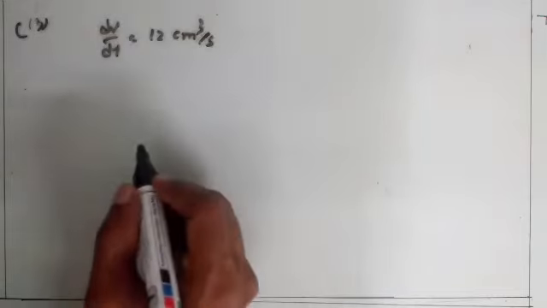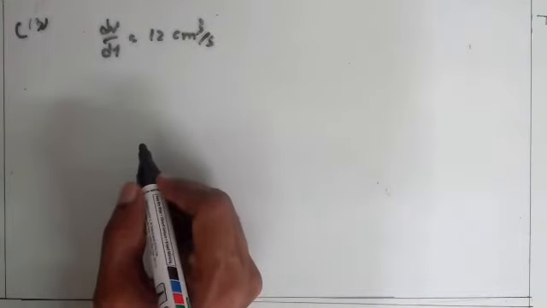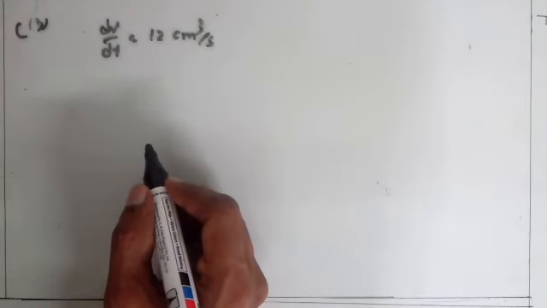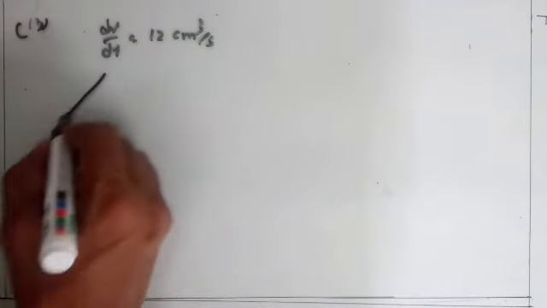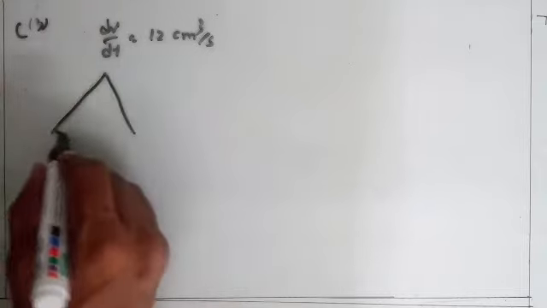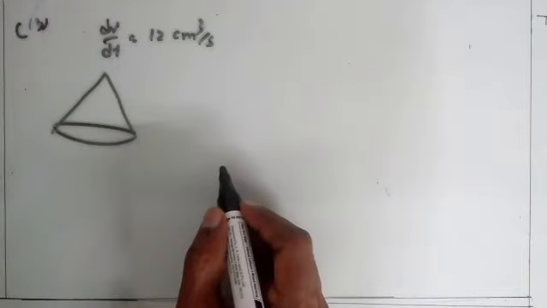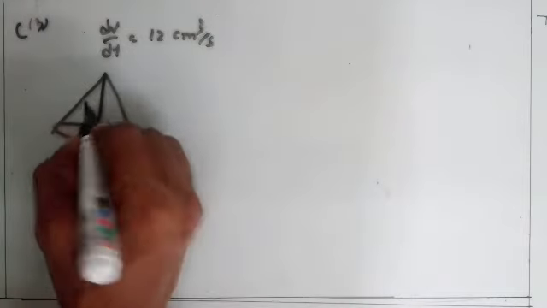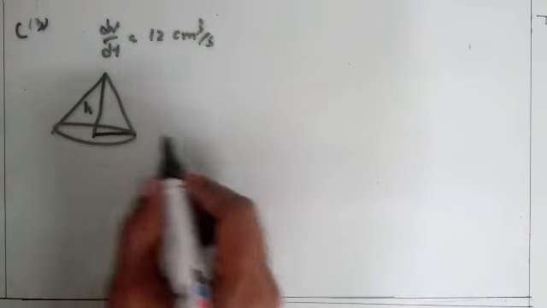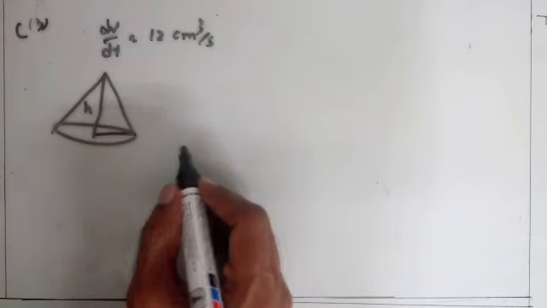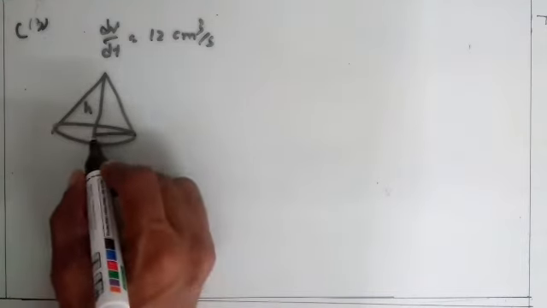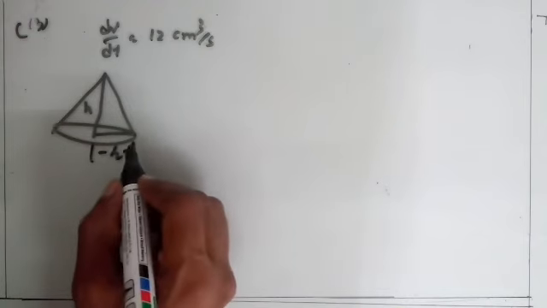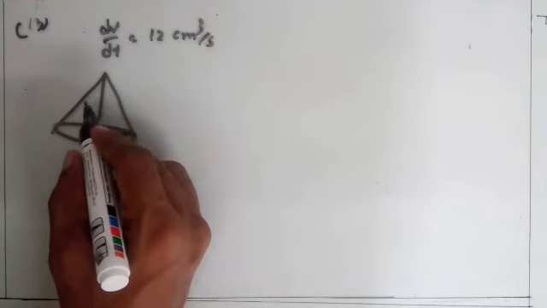The falling sand forms a cone on the ground in such a way that the height of the cone is always 1/6 of the radius of the cone.